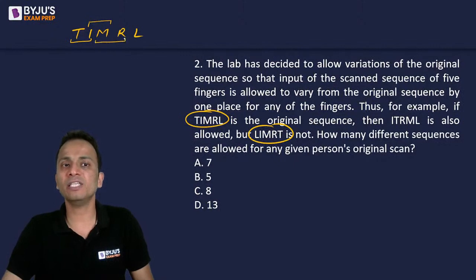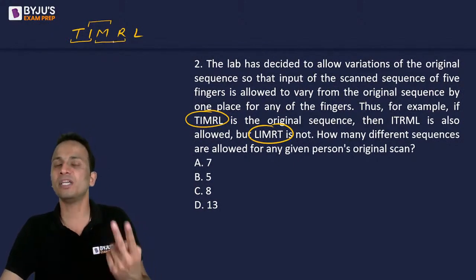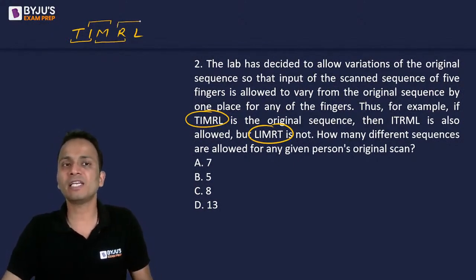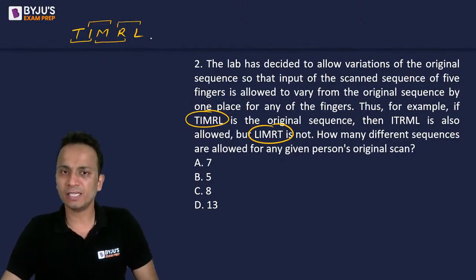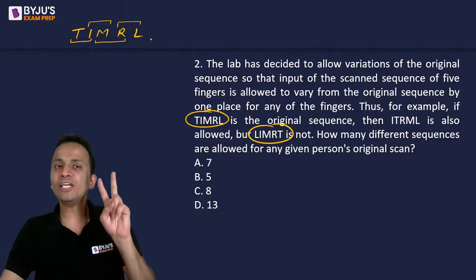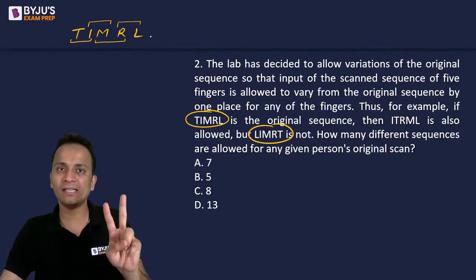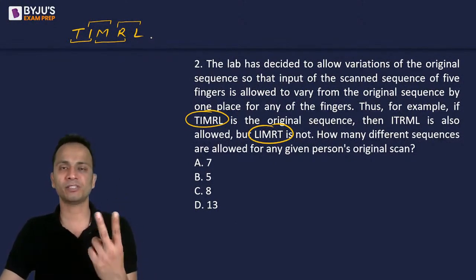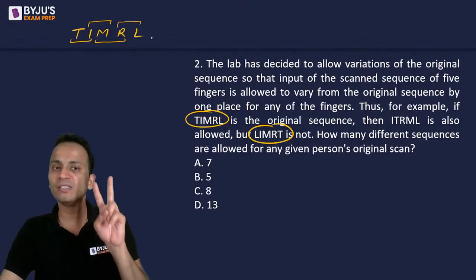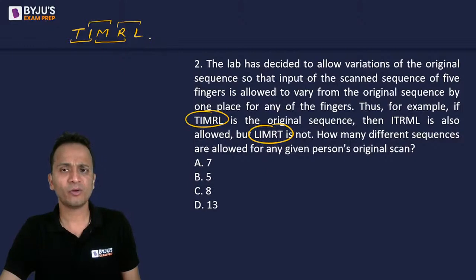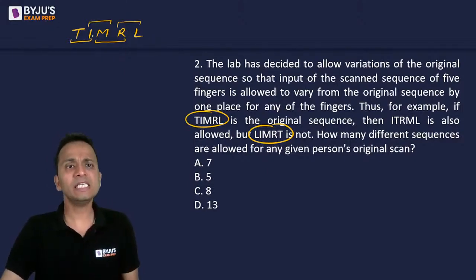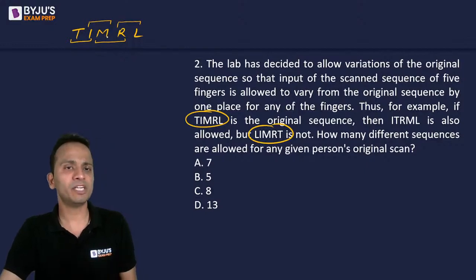If I'll consider these two and interchange them, it will give you one. And if I'll select these two, it will give you one. Okay. So what I'm saying is exactly two fingers scans will interchange their places. Exactly two fingers scans will be out of place. Okay, right? Fine. So T and I आपस में interchange कर सकते हैं. I and M आपस में interchange कर सकते हैं.